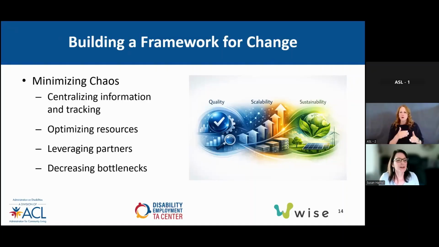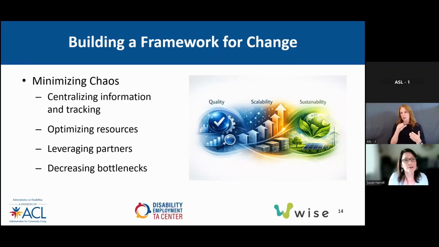So thinking about centralizing information and tracking, optimizing resources. So not just funding partners, but also thinking about things like benefits planning and leveraging those partners within those resources to be able to address issues without taking that all on at Microsoft itself.